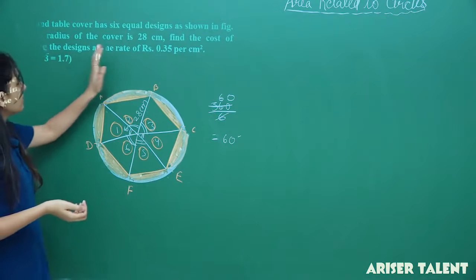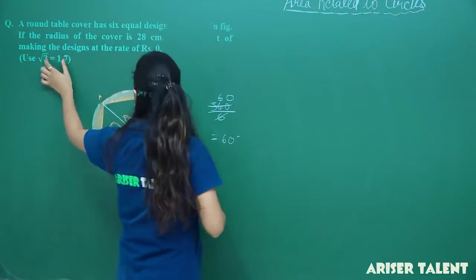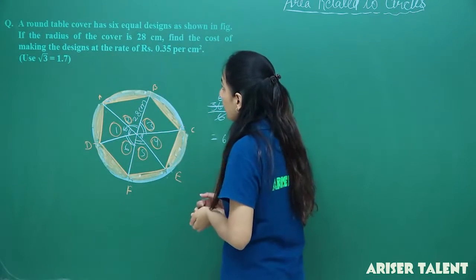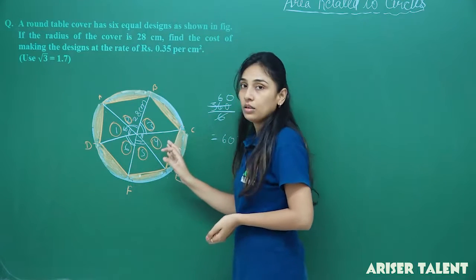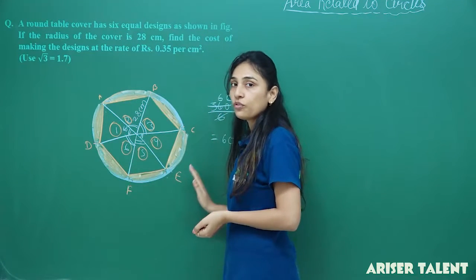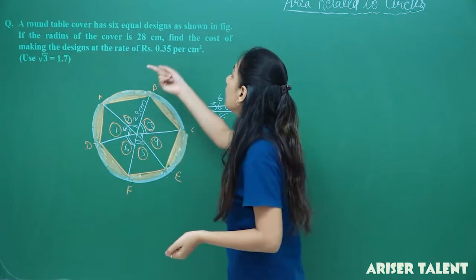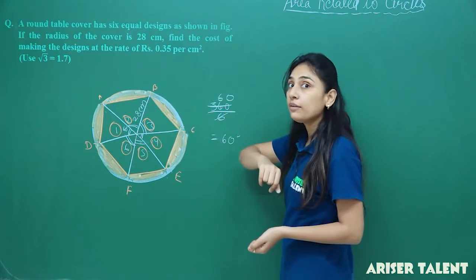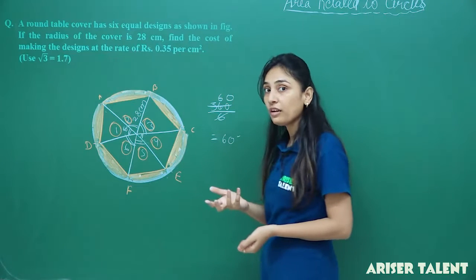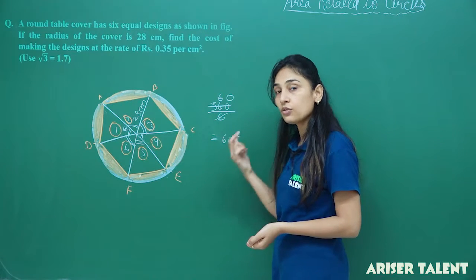Now what it's saying? It's saying the cost of making the design at the rate of these designs. I am not talking about the cost of the cover, I am talking about only the design, and the design is made at the rate 0.35 per centimeter square. Now what I have to find? The total cost for design. So what I have to do?